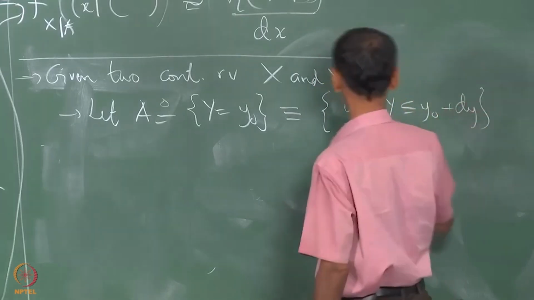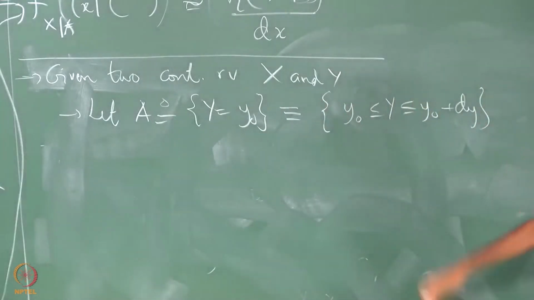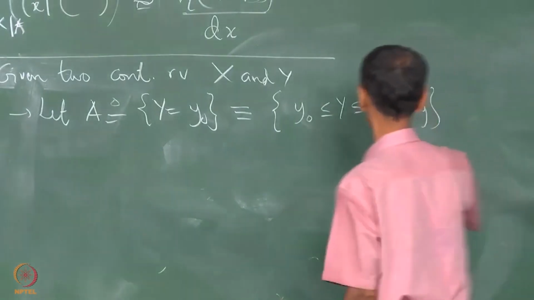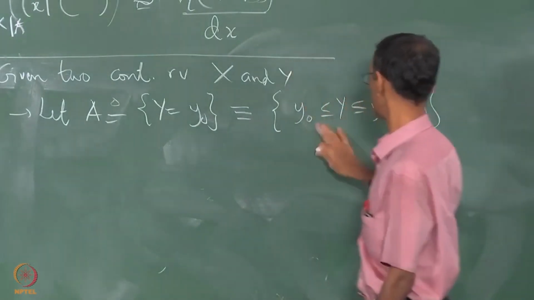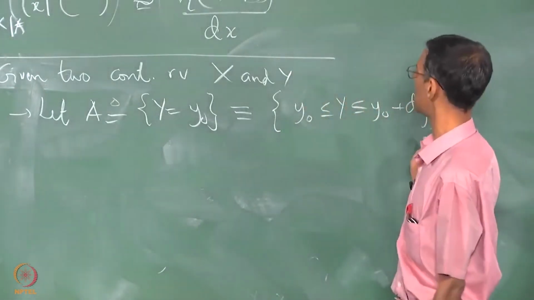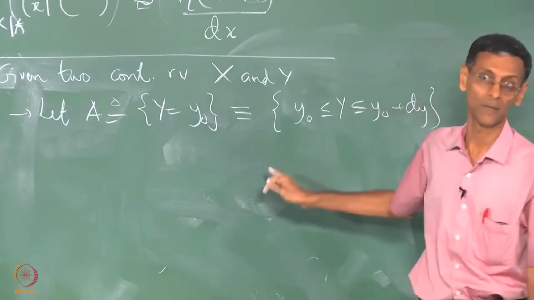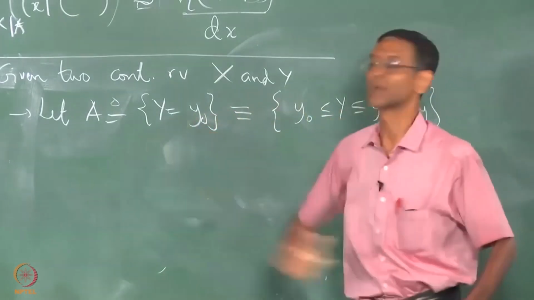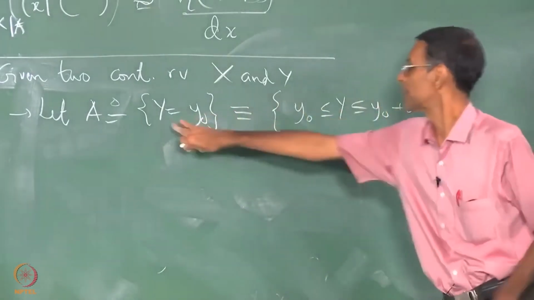This is the easiest way to write it. You can also write it with a symmetric interval if you want. It does not matter. This is the simplest way, where I put the dy completely to the right of y naught. So this is the meaning of this statement, the way I am going to interpret it.